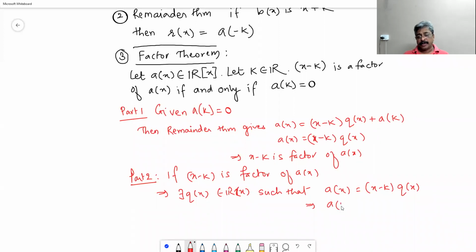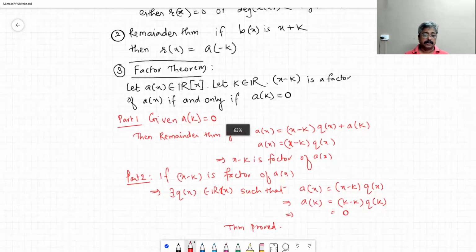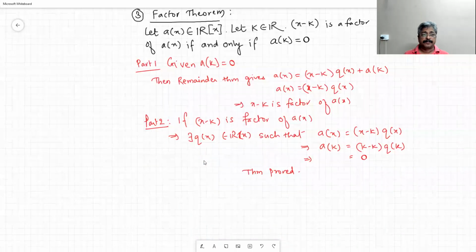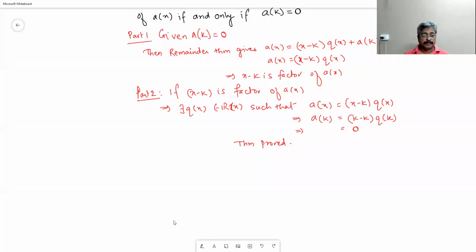This implies a of k is equal to k minus k into q of k, which is equal to 0. Theorem proved. Any doubt, difficulty, question? If you don't have a question, ask a question.